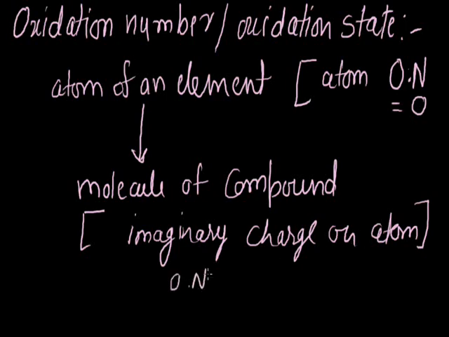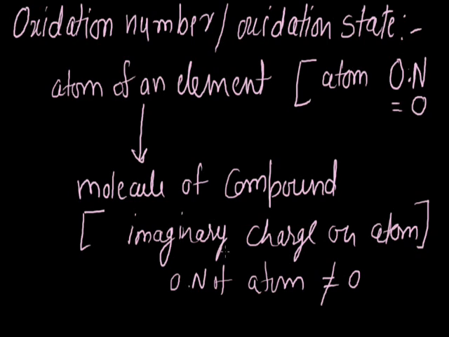Means the oxidation number of an atom is not equal to 0 in its compound state, and it attains some charge that is called imaginary charge or apparent charge.